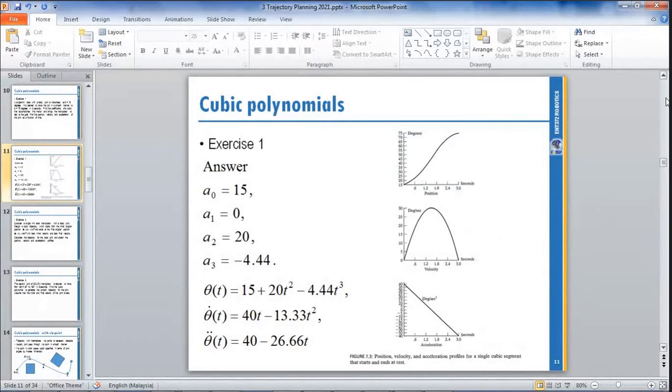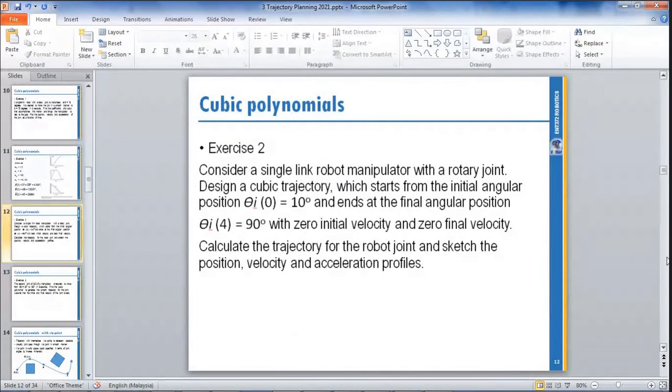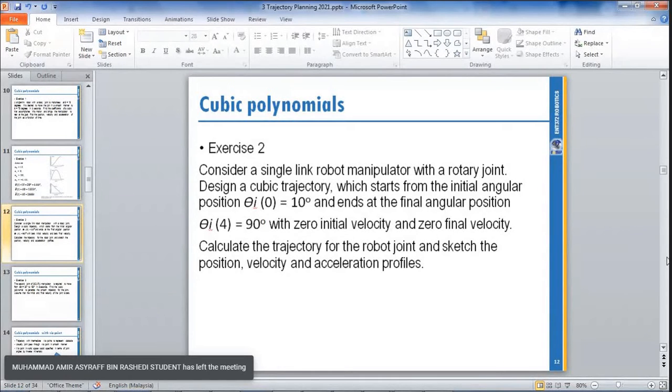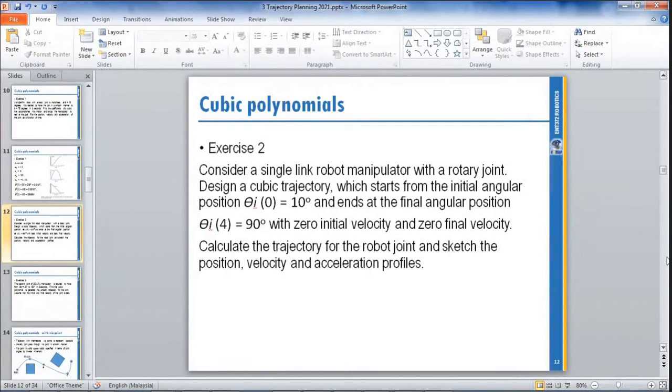If not, it's difficult to understand. You need to find the coefficient values for the trajectory using a cubic polynomial. It's not so difficult.